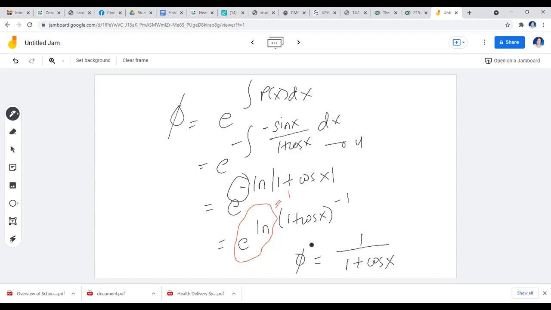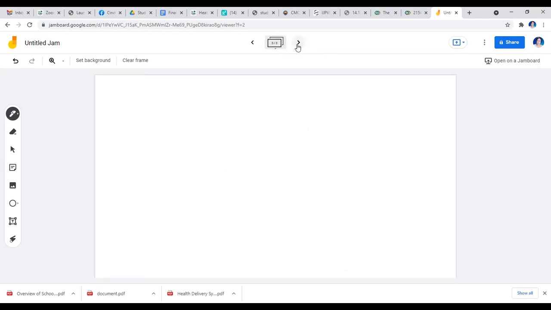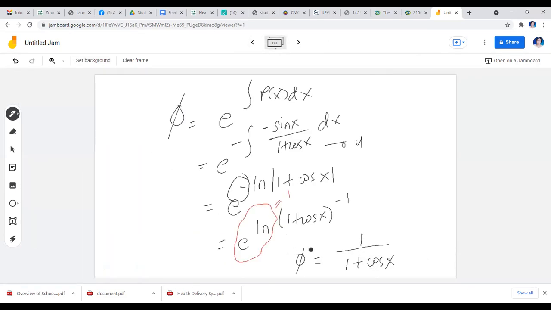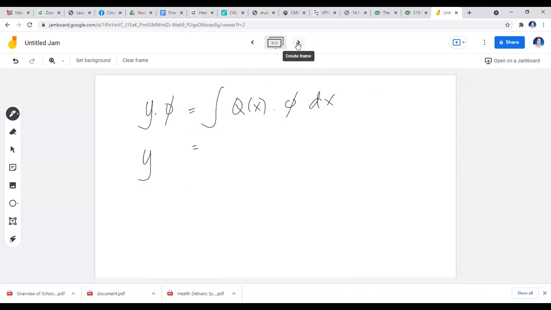Okay, now with that phi, you now can write the solution of your first order linear DE. So the formula is y times the phi equals the integral of q of x times the phi dx. What is your phi? This is our phi here.